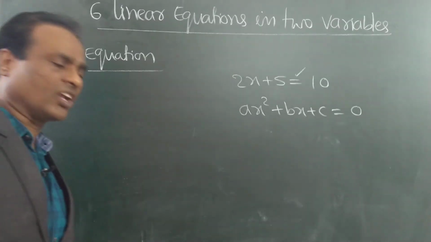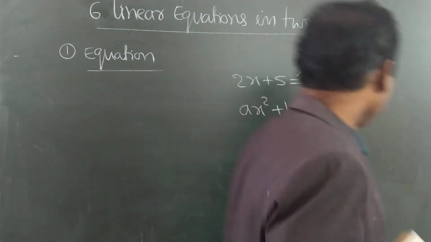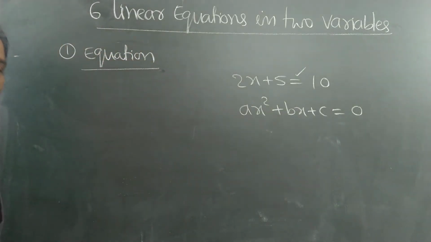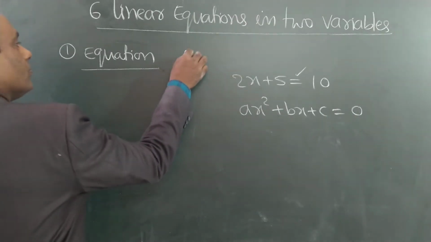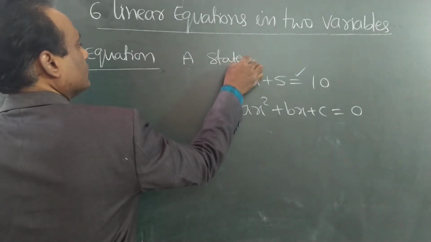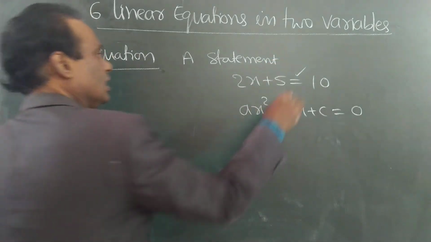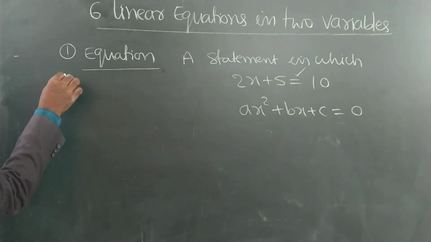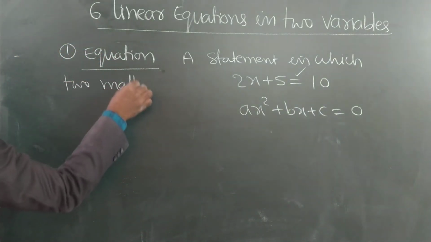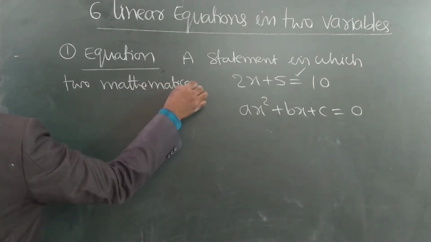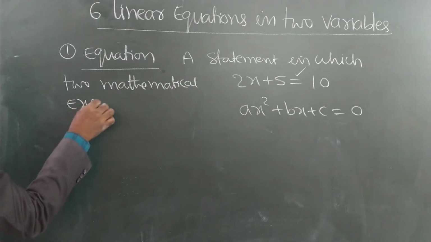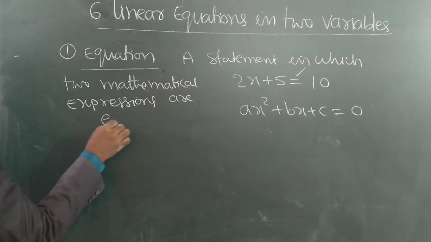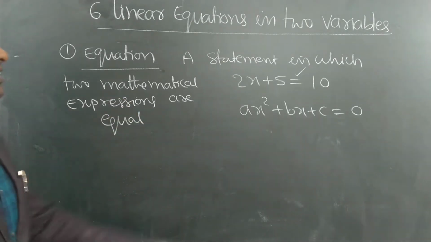Write down the first point. Equation. A statement in which two mathematical expressions are connected by an equal symbol.